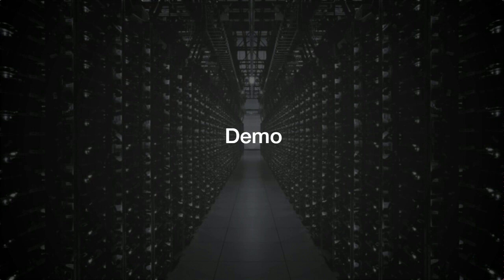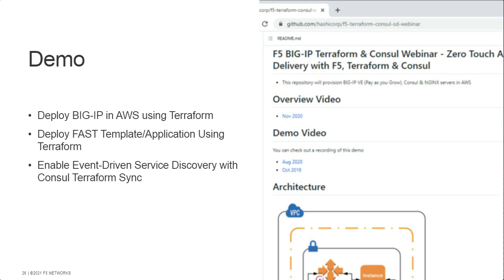So what you'll see in this demonstration is actually part of a shared GitHub repo that we have with HashiCorp, and you can find this repository on the HashiCorp GitHub. There's a link that I will share later. And this is also an environment that we've made available at F5's user conference for our customers to experience network infrastructure automation as well.